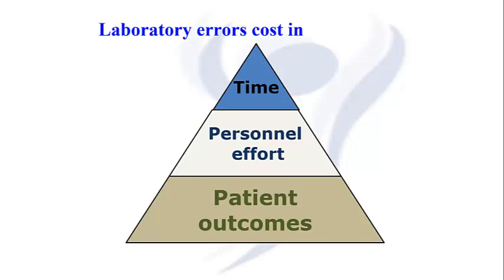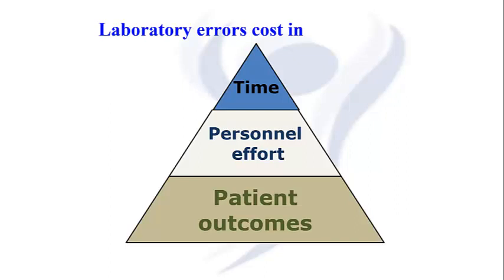Laboratories produce test results that are widely used in clinical and public health settings, and health outcomes depend on the accuracy of the testing and reporting. If inaccurate results are provided, the consequences can be very significant.